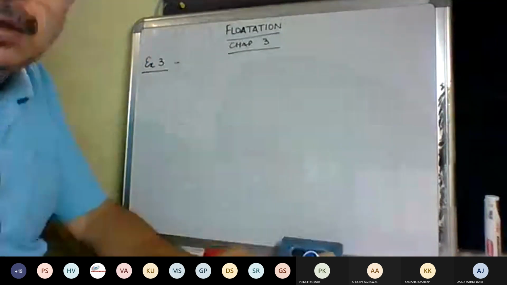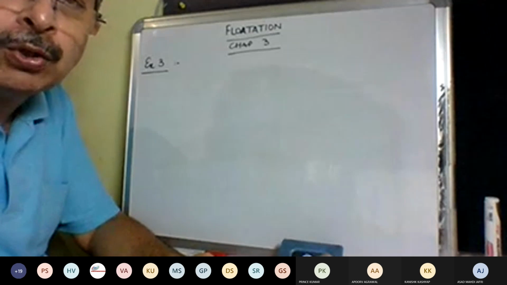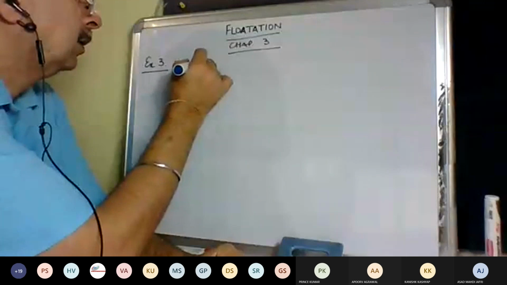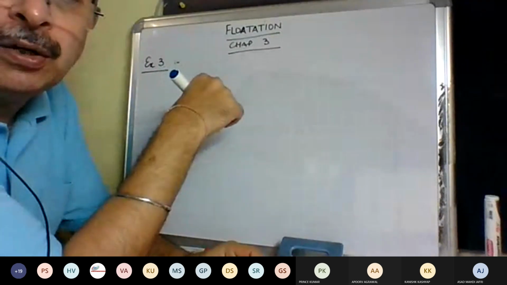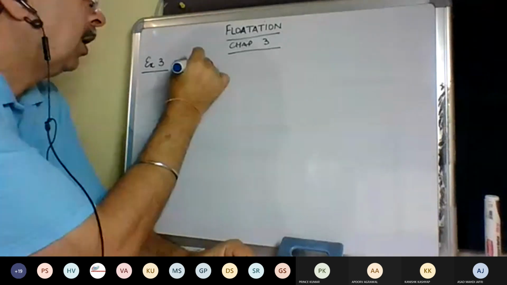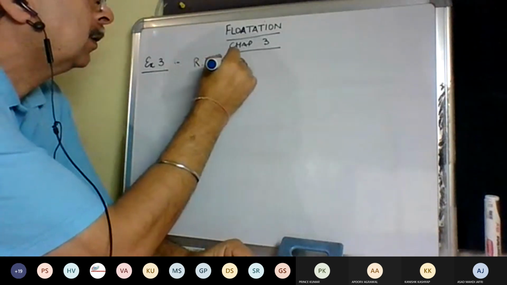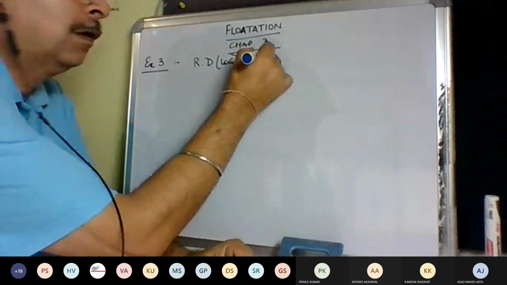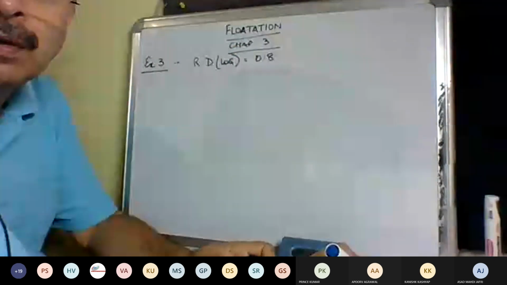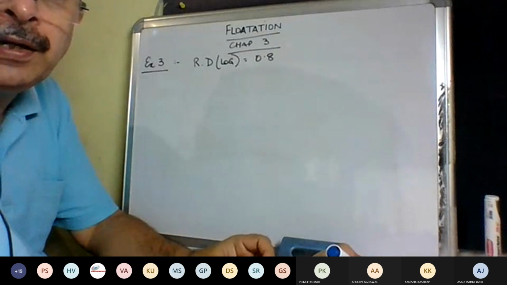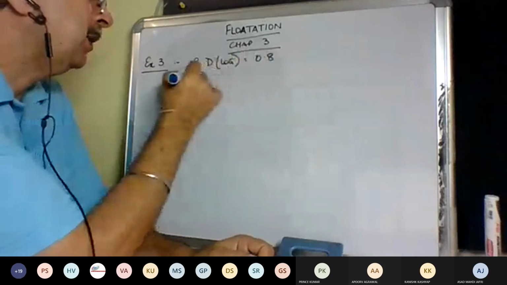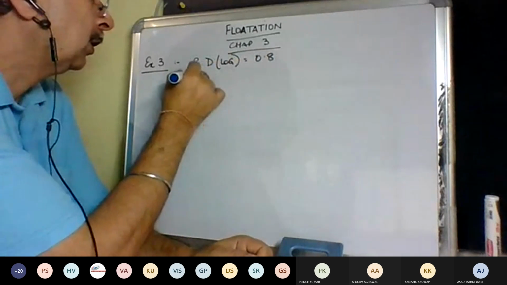A homogeneous log of square cross section has a side of 0.5 meter. So RD of the log is 0.8 and the side of the log is 0.5 meters of square cross section.